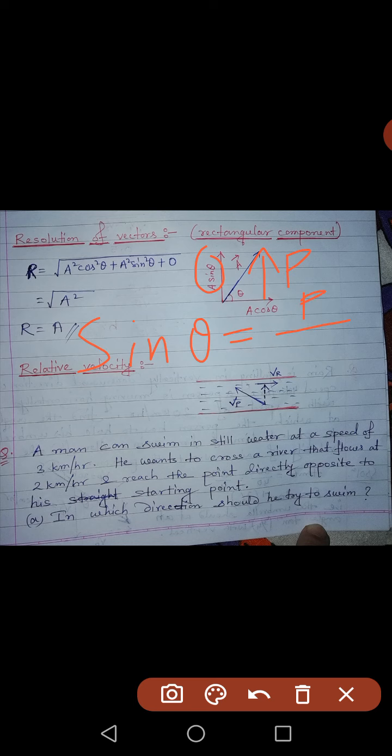The perpendicular is P, the hypotenuse is A, right? So P is equal to A sin theta. So P is nothing but the perpendicular, so the perpendicular is nothing but A sin theta. So that is how we have divided this vector A into two components.